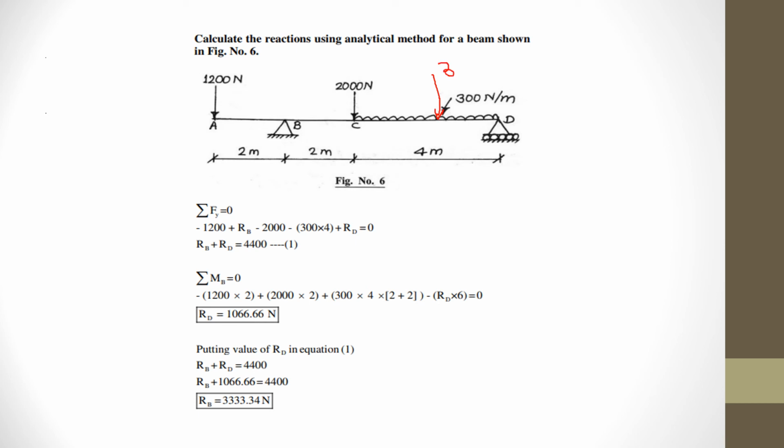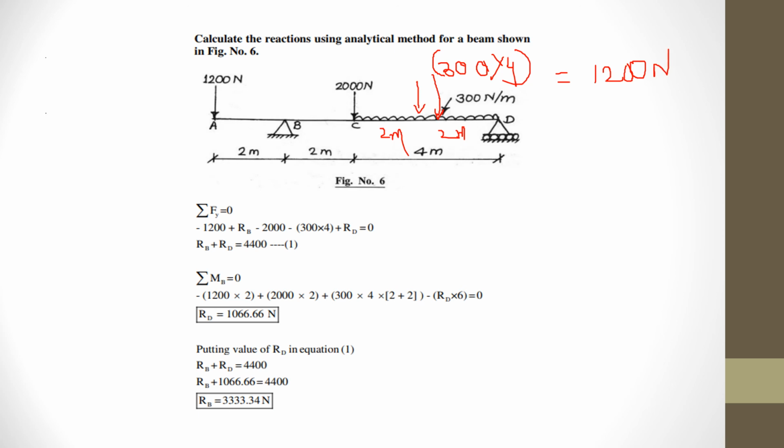So 300 into 4 here, and this point load will be located at half distance, that is 2 meter from here and 2 meter from here, from point D. So 300 into 4 is nothing but 1200 Newton.